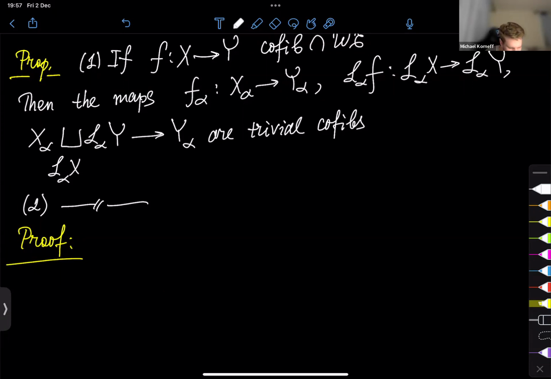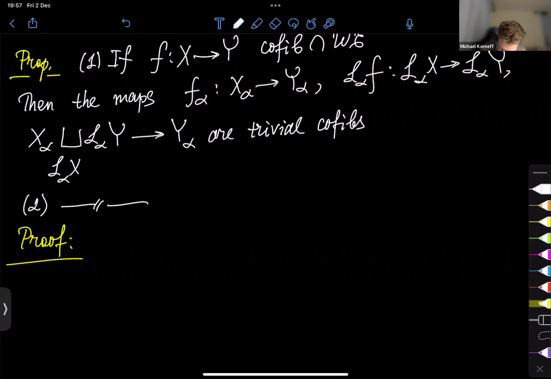The statement about F alpha is obvious from the definition of F. F is a Reedy weak equivalence if and only if F is a pointwise weak equivalence, and also F is a cofibration. Then of course F should be a pointwise cofibration. And we see that from some of the lemmas or propositions above.